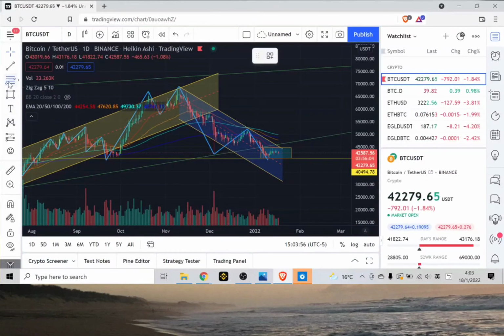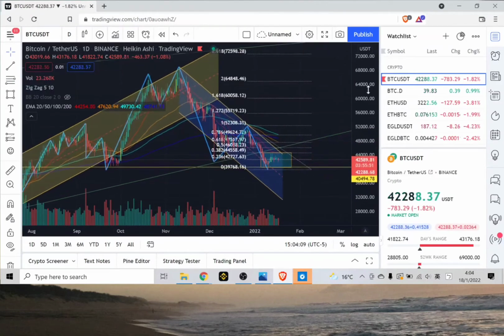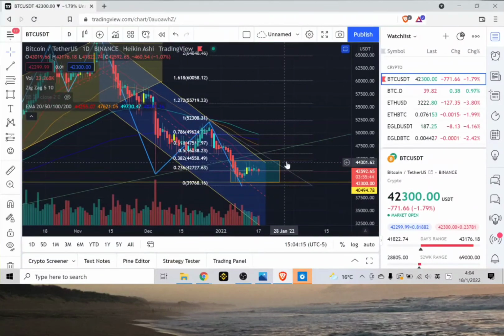So if we put this here, from swing high to swing low, the upside target, the first target we'll be looking for is the same here, top of range, top of the descending channel, 44.5k, and then we'll be looking for break of golden pocket or accumulation or sideways trading, whatever you want to call it, in the 0.5 and 0.618 fib level, so 46k to 47.5k.